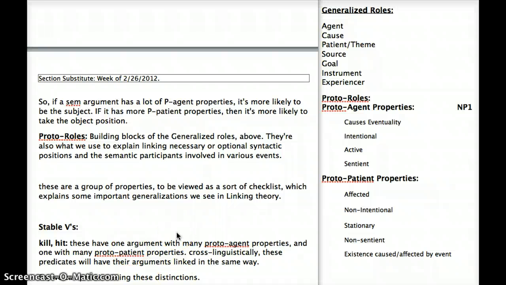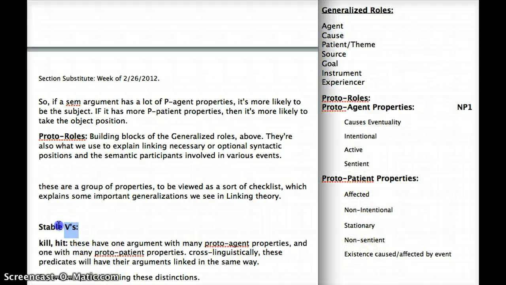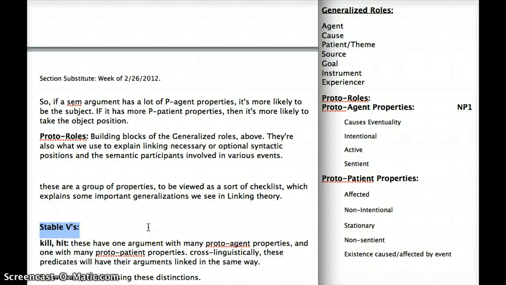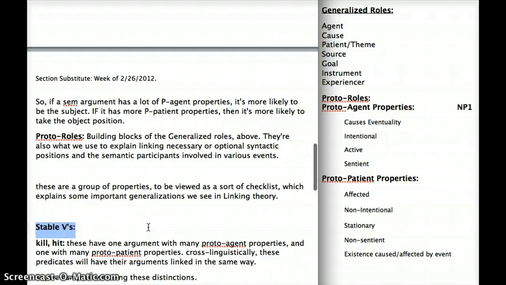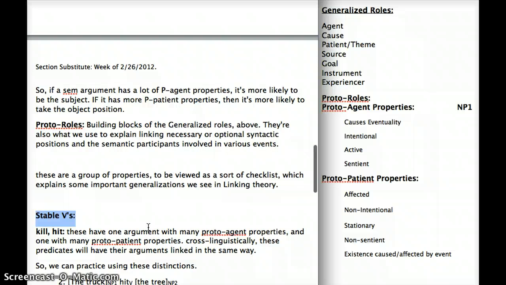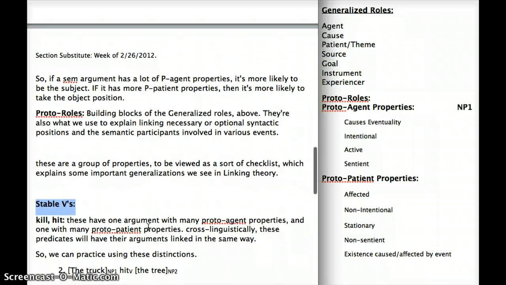So these kinds of situations where the event's participants are clearly delineated between one having more proto-agent properties and one having more proto-patient properties are going to be considered stable verbs. These are events where cross-linguistically these predicates have their arguments linked in the same way.